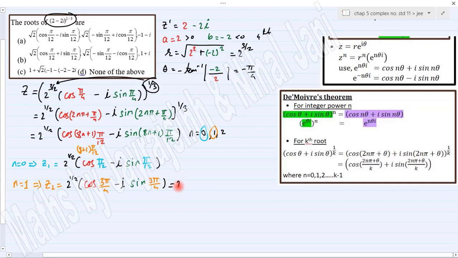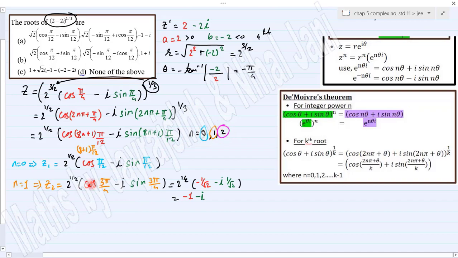For further simplification, if we substitute the value of cos 3 pi by 4, we will get minus 1 by root 2 minus i times 1 by root 2, or we can say minus 1 minus i is your second root.